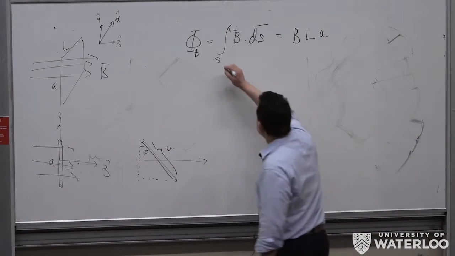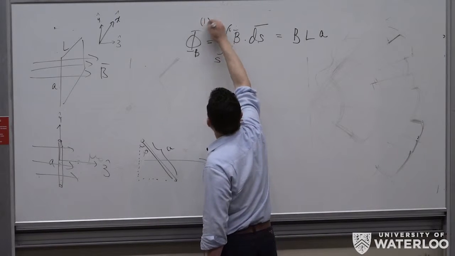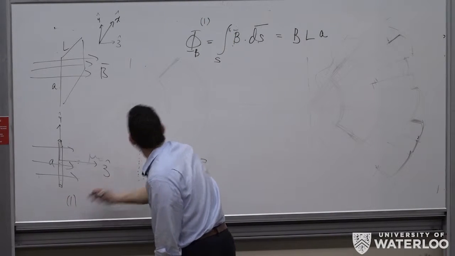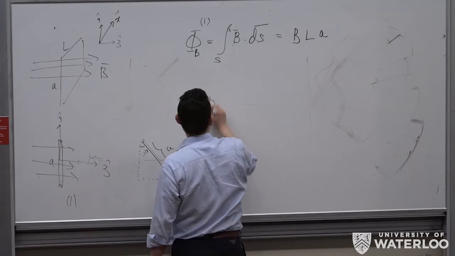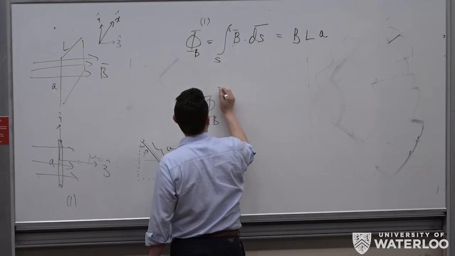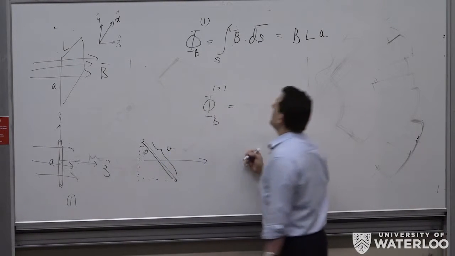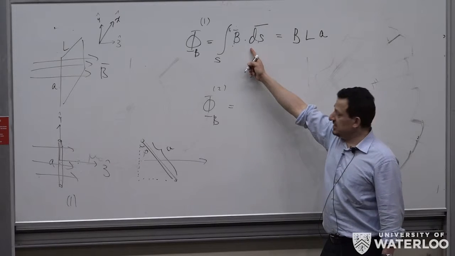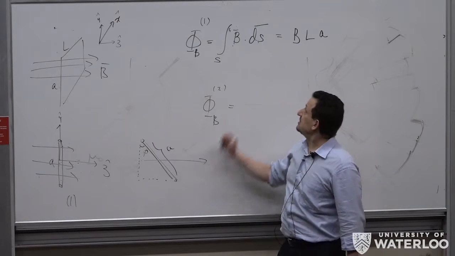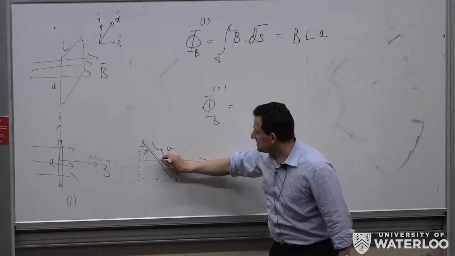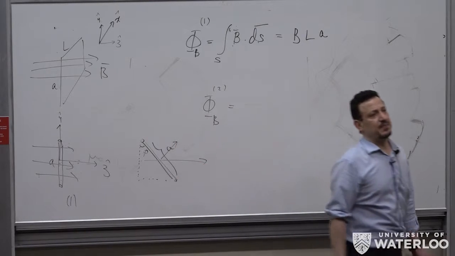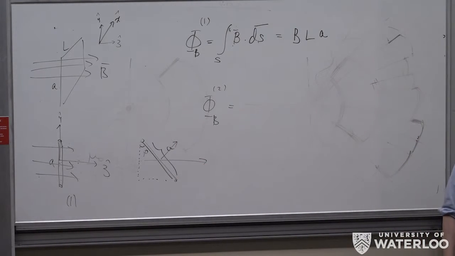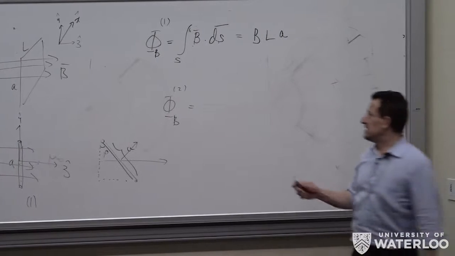So this is scenario 1. For scenario 2, the entire flux is the integration of B, which is in that direction, dotted with ds, which is in this direction, because I tilted the surface.